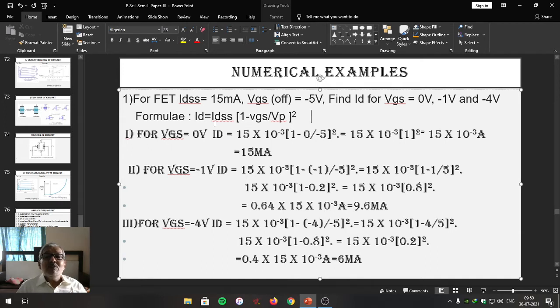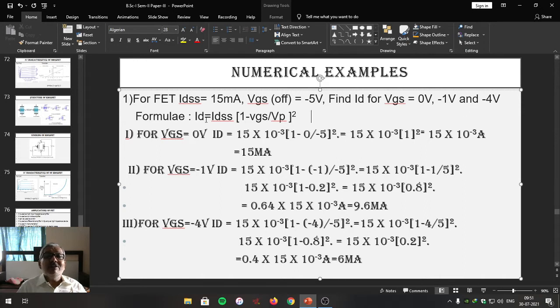So this is the formula to be used. Value of IDSS is 15 milliampere. VGS off means VP, that is the pinch off voltage. And you have to calculate ID for VGS equal to 0 volt, minus 1 volt and minus 4 volt.